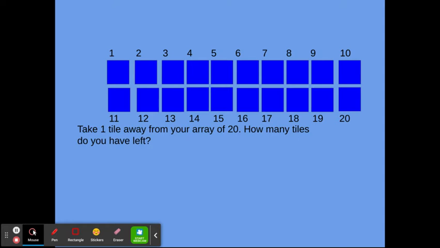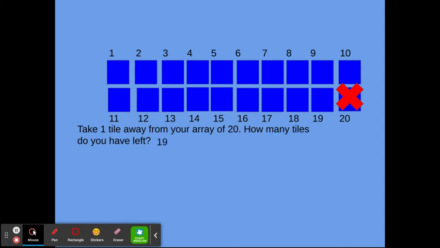Welcome back. All right, so what if I take 1 tile away from your array of 20? How many tiles do I have left? Take 1 away. Yes, we have 19 tiles.